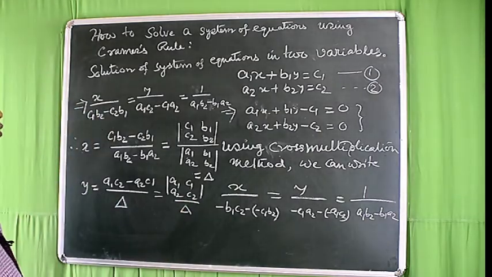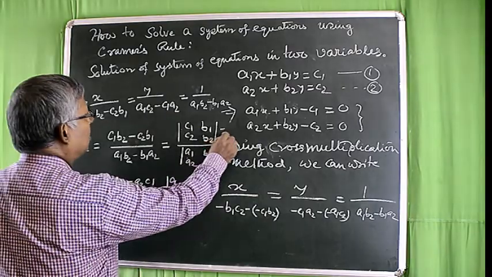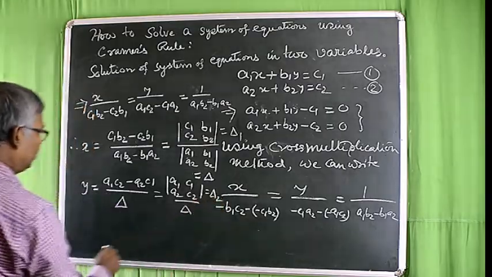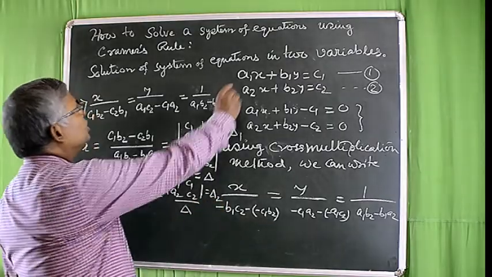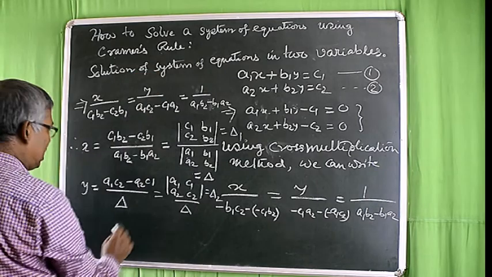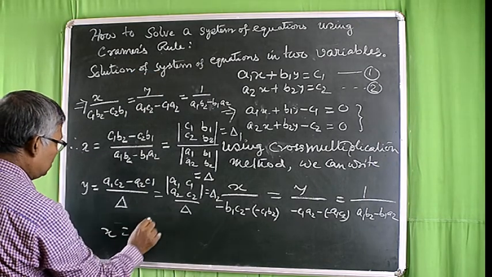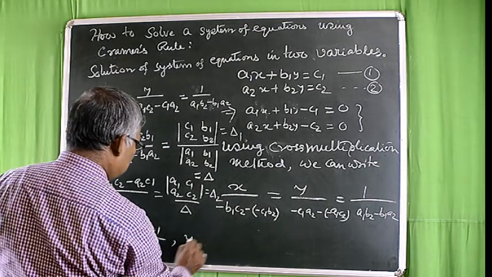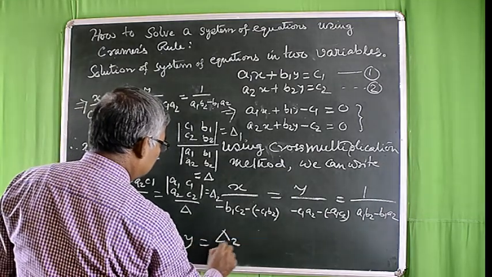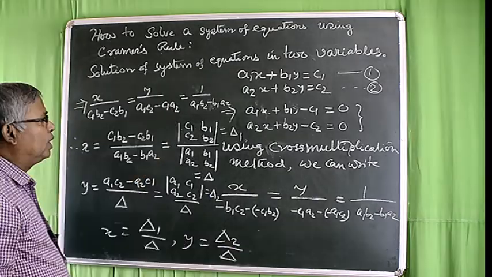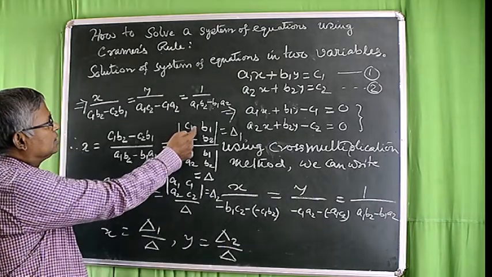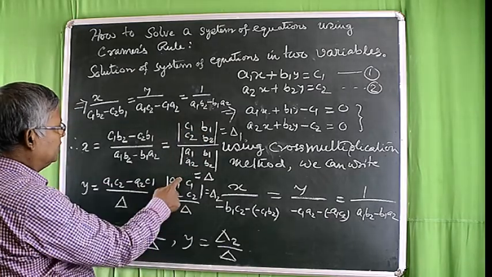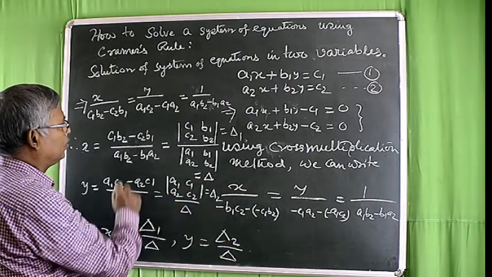Students, here we can call this determinant del 1 and this determinant del 2. So we get, using Cramer's rule, the value of x equal to del 1 by del and y equal to del 2 by del, where del 1 equal to the determinant c1 c2 b1 b2 and del 2 is the determinant a1 a2 c1 c2.